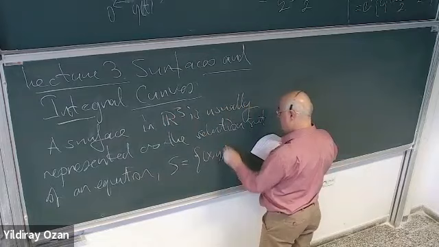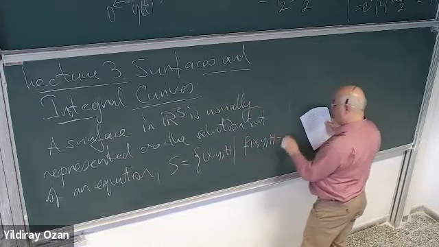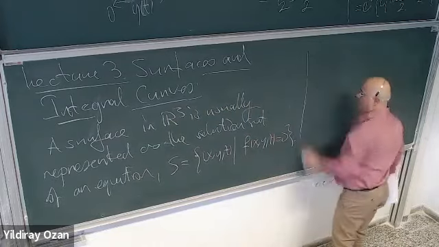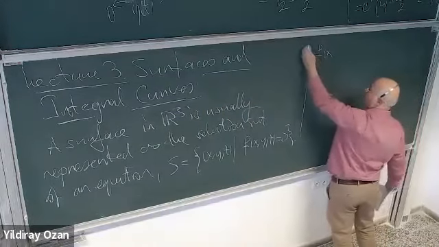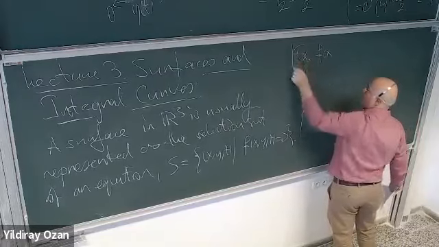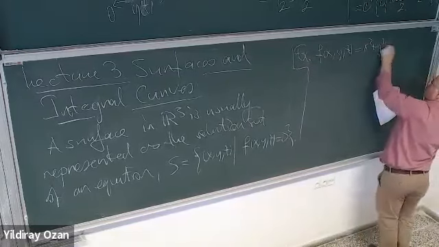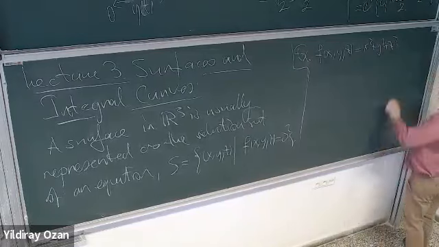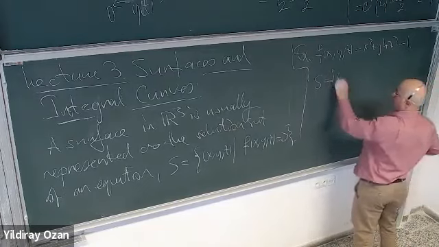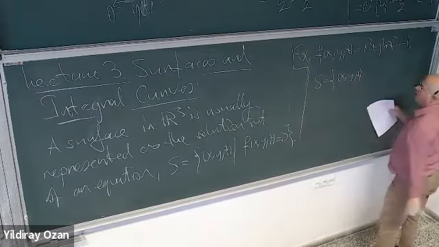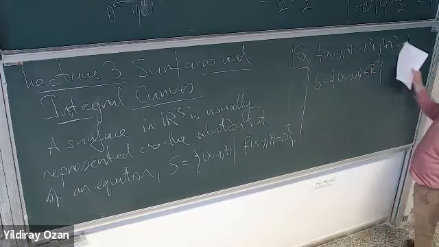For example, if you let F(x, y, z) be x squared plus y squared plus z squared minus 1, then S is just the set of (x, y, z) in R3 such that F(x, y, z) equals 0.